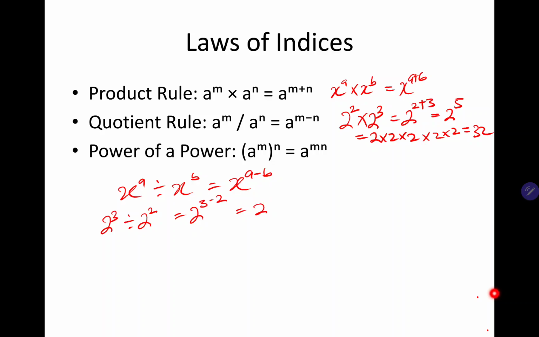Then we look at the next law of indices, which is the power of a power. It says that if x raised to power a is raised to another exponent b, it is the same thing as x raised to power a multiplied by b. Okay, please take note.